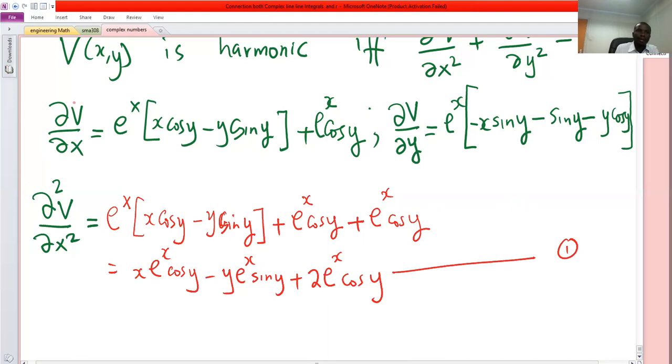And then let's get partial squared v partial y squared. So we differentiate this one using product rule. So we have not really product rule, so term by term, we have e raised power x, which is common. This term here, when you differentiate this one with respect to y, you get negative x cos of y. This other part, we get negative sine.